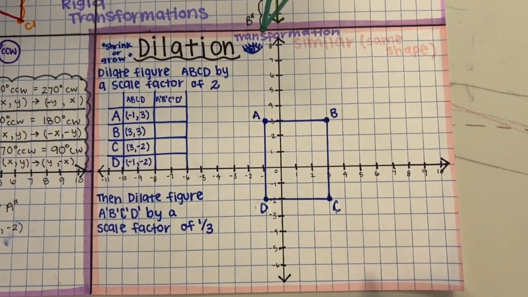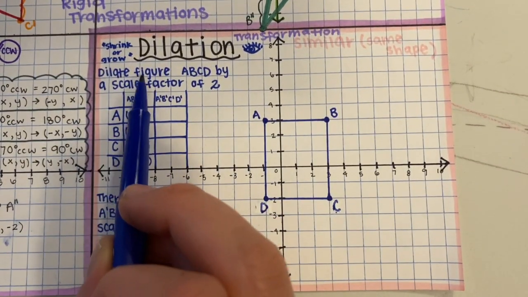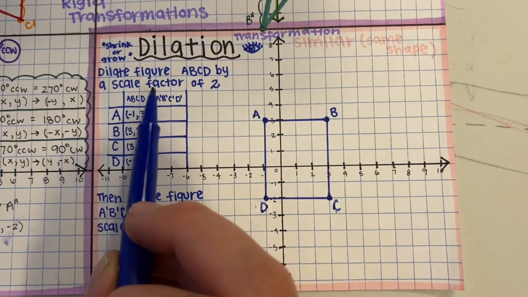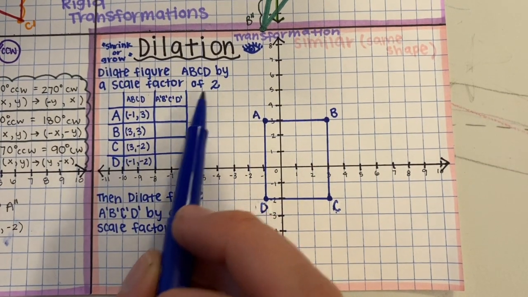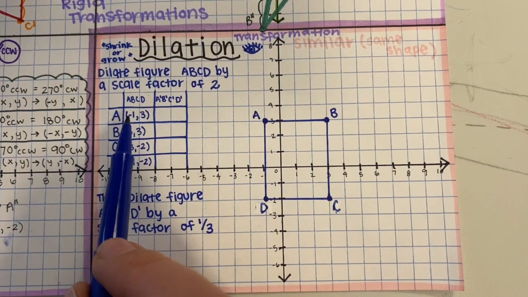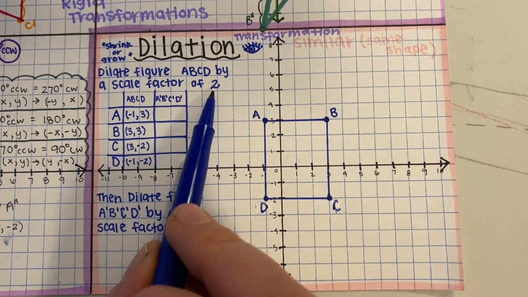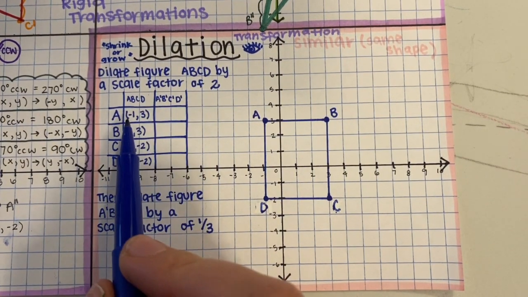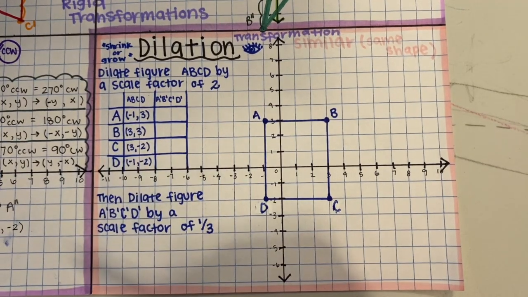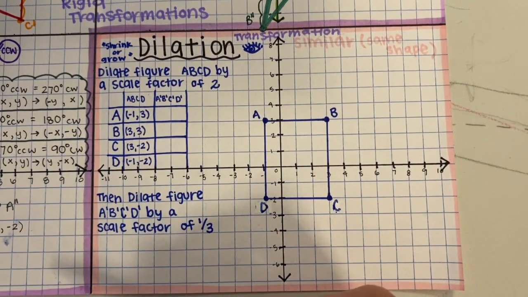If I'm dilating a figure by a scale factor of 2, that means I'm multiplying these coordinates by a scale factor of 2. So I'm just multiplying each coordinate by that scale factor.